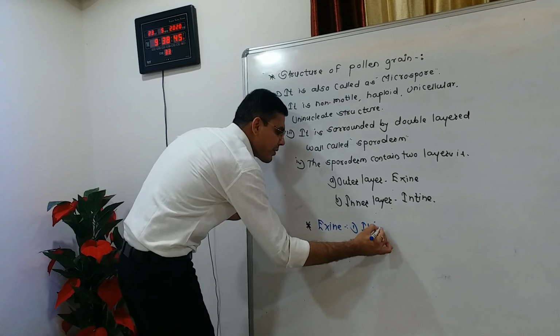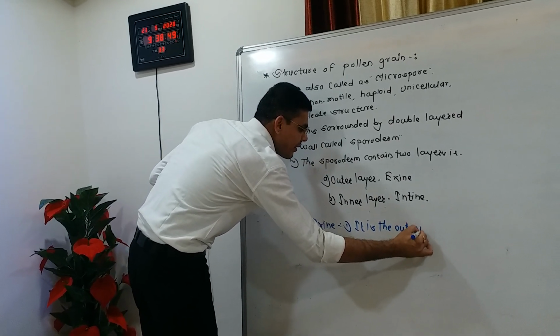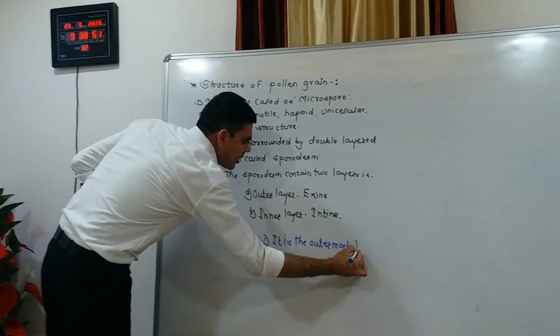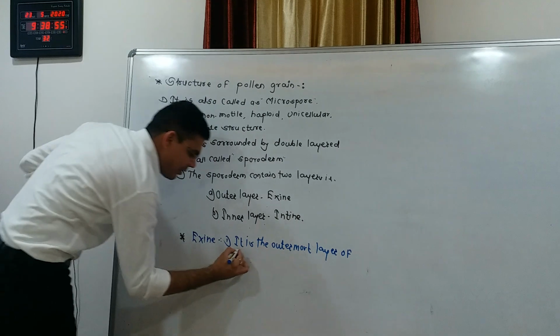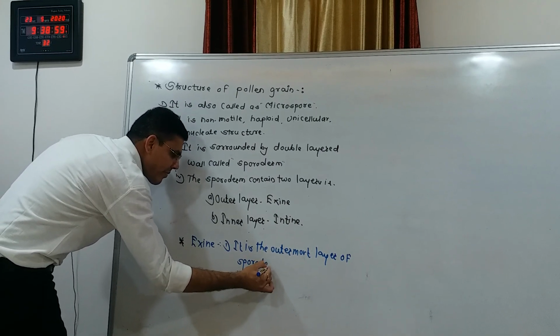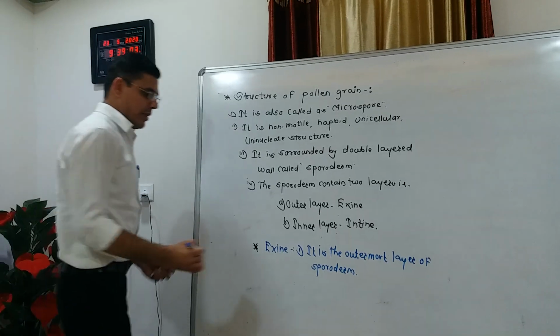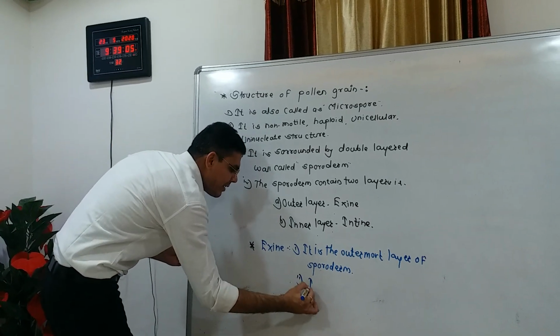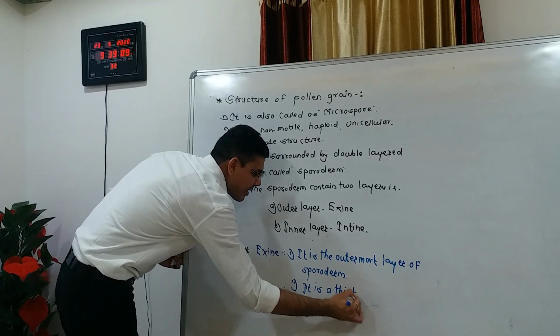Exine is the outermost layer of sporoderm. Second, it is a thick layer.